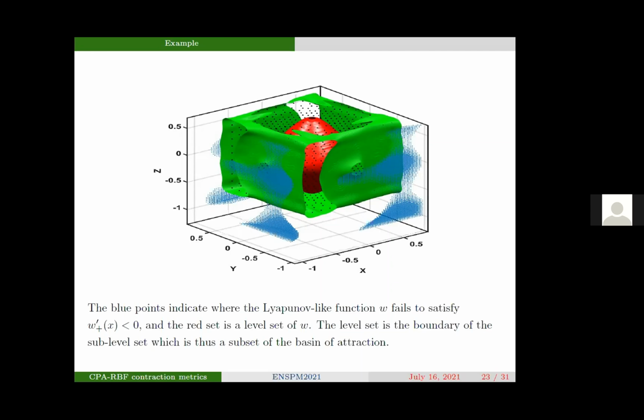Now you see that we show the failing points of the Lyapunov-like function by the blue dots, which is where the orbital derivative is not negative, and the red set is a level set of W. So you can see inside the appropriate area adjusted by the contraction metric method, we have a subset of the basin of attraction and everything is okay.